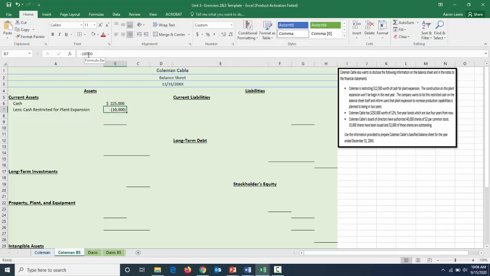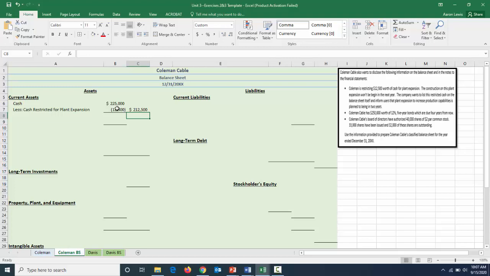Let's put that underneath, and now we got to disclose the amount of free unrestricted cash that our company has. Well, it's just the difference between those two numbers. If we have $225,000 and $12,500 of it is restricted, that means we have $212,500 in cash, which is unrestricted, freely available for anything.